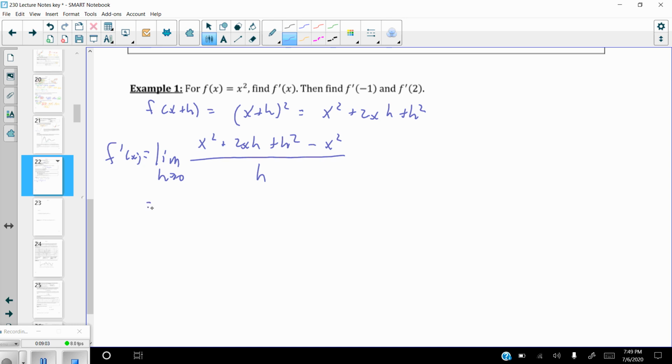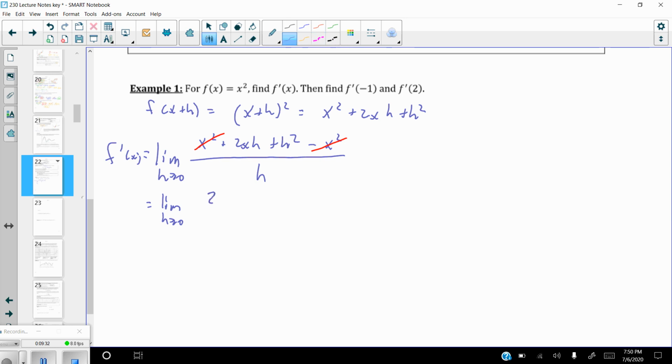So let's go ahead and, again, we have to simplify the difference quotient first before we can take the limit. So because of that, we keep writing the word limit until we can actually evaluate the limit. So remember what I said is anything without an h in the numerator has to algebraically go away. The x squared and the minus x squared do go away. Both of the middle terms on the top have h in it, so we're okay right there.